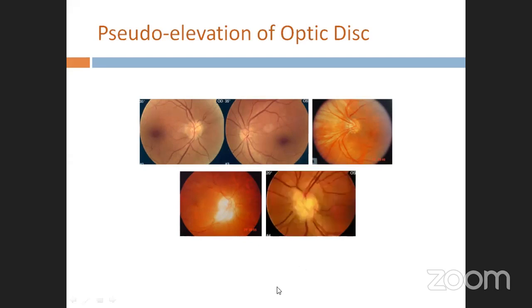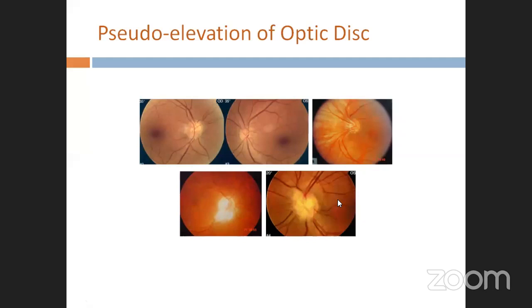Another condition is the glial veil or glial tissue covering the optic disc. But you can see here, still seeing the well-defined edge of the optic disc, normal blood vessels. So this is the disc appearing here. The margin is ill-defined due to the glial tissue, but it's a normal disc.